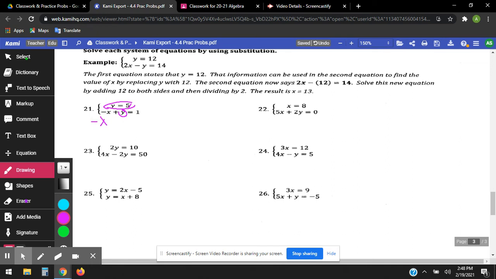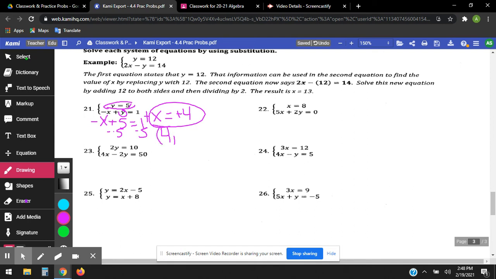So I can put negative x plus 5 equals 1 and solve from there. Minus 5 minus 5. Negative x equals negative 4. If I cancel both of my negatives out, x equals 4. So 4 is my x coordinate.